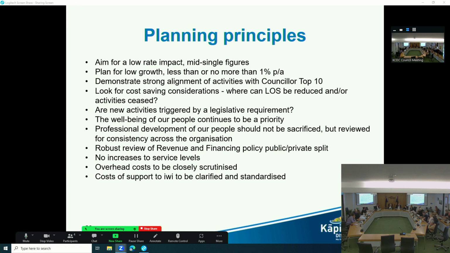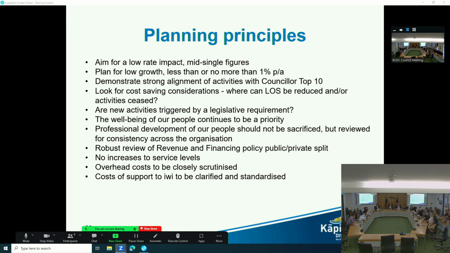We have some modelling done. Jing, our CFO, is enjoying a lovely ski holiday at the moment, but when she gets back, she'll be putting the finishing touches on what we know so far about how the Three Waters transition will affect our financial strategy. So she's doing all of that modelling now.